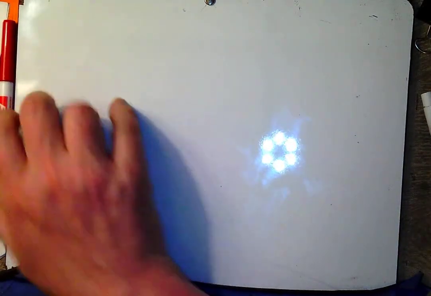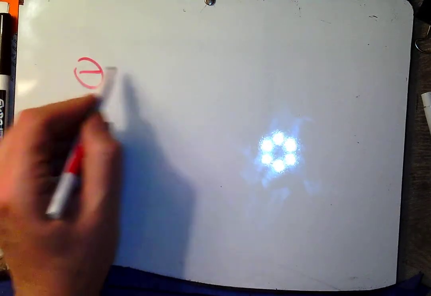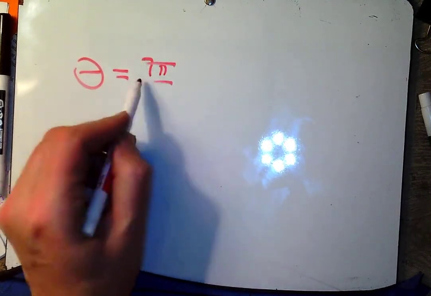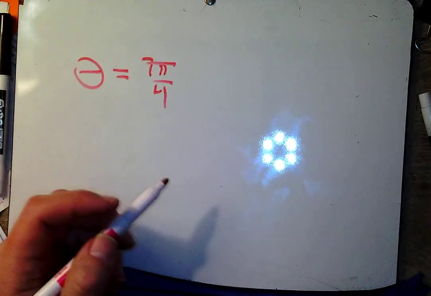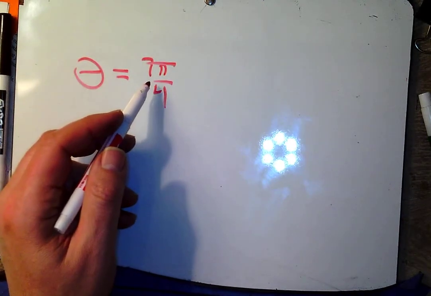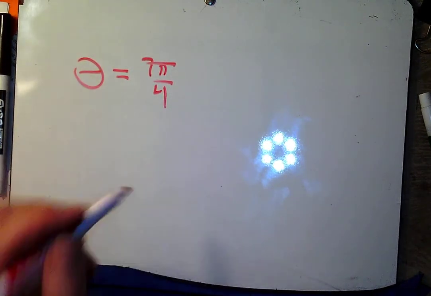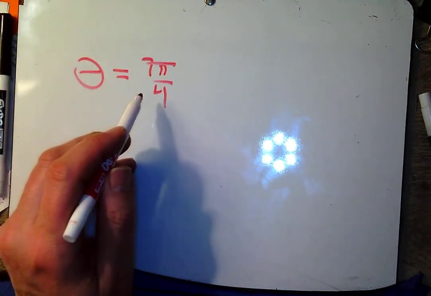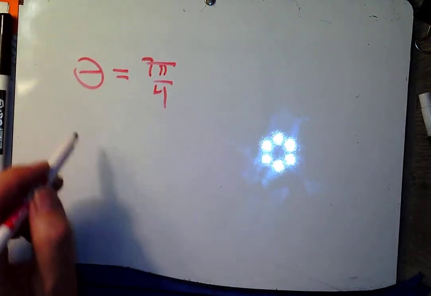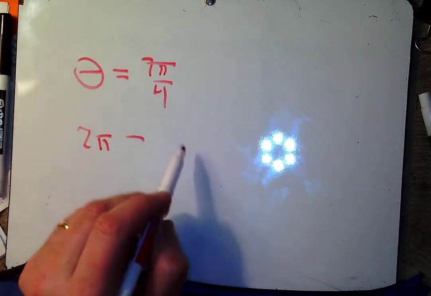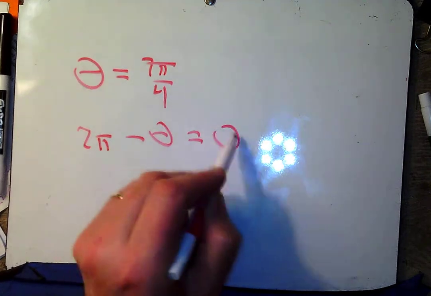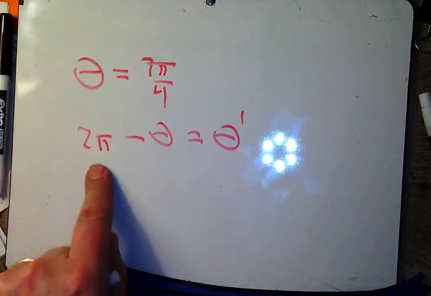This reference angle, oh, you're going to suffer so much. I mean, I'll show it to you. Here, look. Theta is 7 pi over 4. Okay, but that's bigger than 0 to pi over 2. This is a fourth quadrant angle. So I'm looking for an acute angle that behaves like that one. Well, we said in fourth quadrant, the way we're going to find theta prime is to subtract theta from 2 pi.